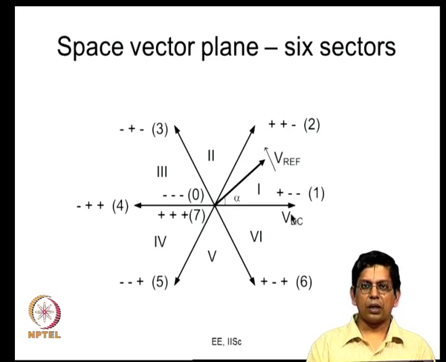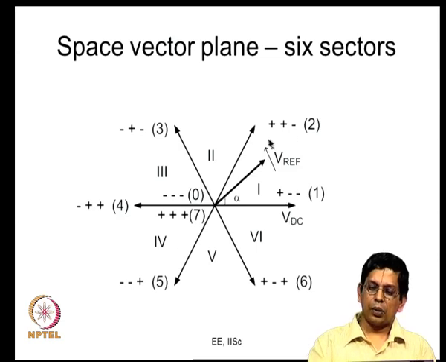We are looking at this because we are shortly going to relate the DC link current with the inverter states. The DC link current we have related with the switching functions. If you put the 3 switching functions together, that is the inverter state. So, it is better that we take a look at this.